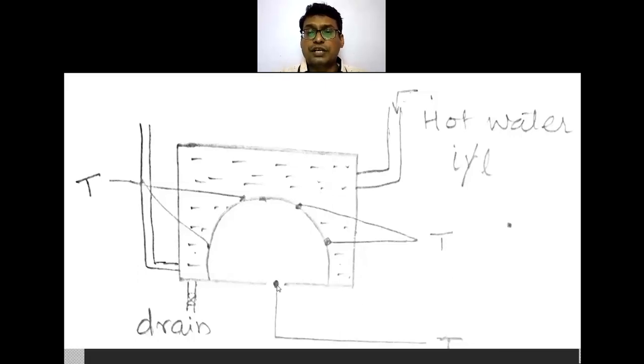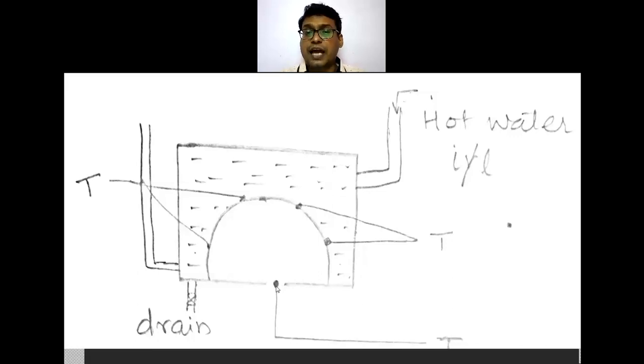temperature of this disk. So how much heat is radiated from this black surface and absorbed by this disk. In this experiment we need to note down the temperature of this disk.